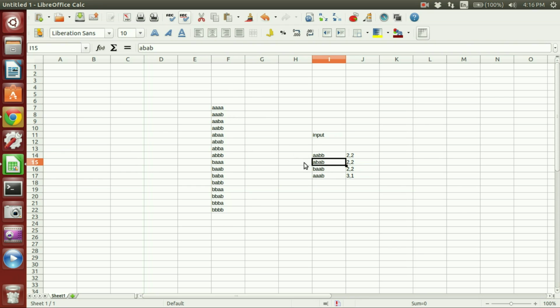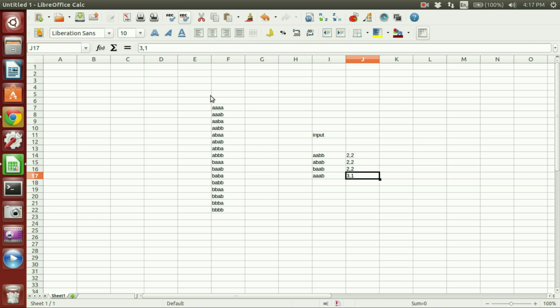For the second also it will give 2 and 2, for the third also 2 2, but for the fourth, say AAB, if we take the LCS with this we will get 3, right? Because we have 3 A's here, and with B we will get 1, so 3 comma 1.